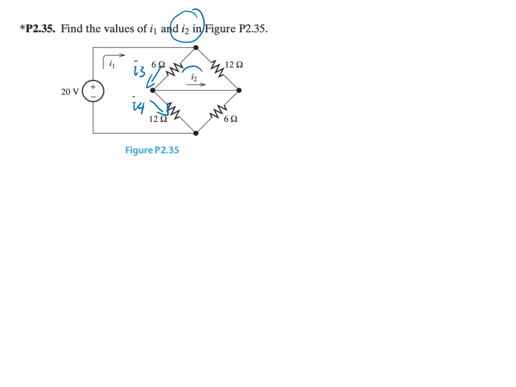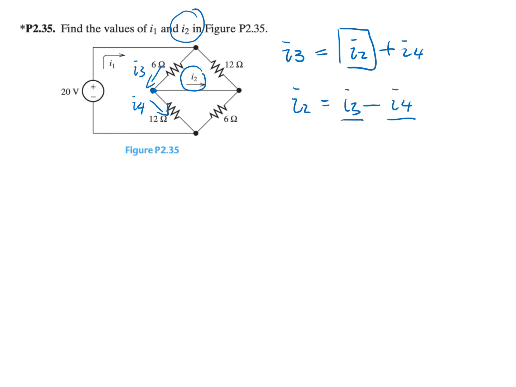Then in order to find I2, we can use KCL here. We have I3 entering this node, and I2 and I4 leaving this node. So we have I3 is equal to I2 plus I4. So in order to find I2, we need to find I3 minus I4. So how can we find I3 and I4?